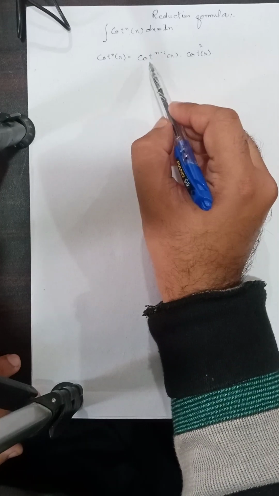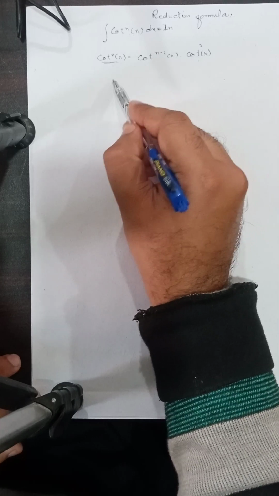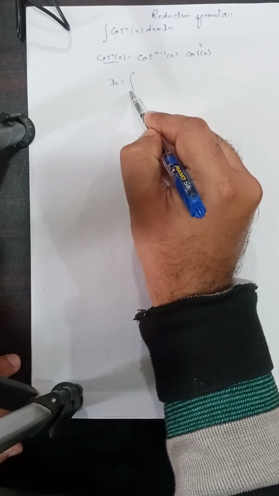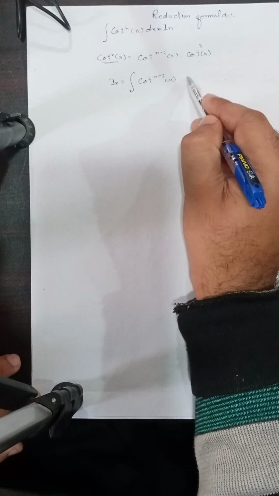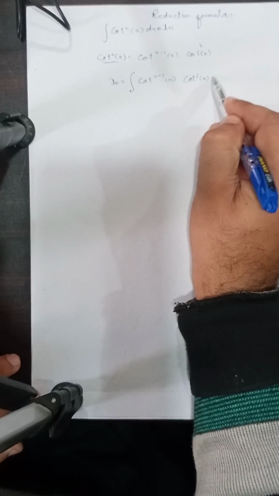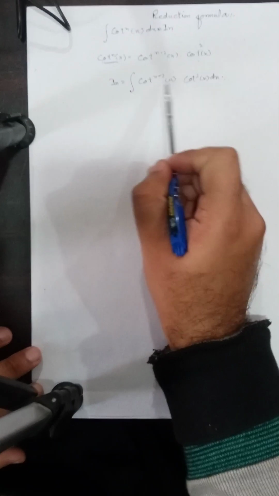So we can substitute these two functions in the place of this single function, which gives I n is equal to the integral of cotangent power n minus 2 of x with cotangent square of x with respect to x. This is the first step. After this step, the steps below are very easy to integrate.